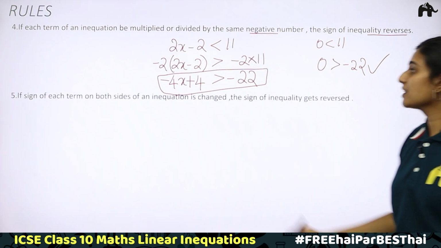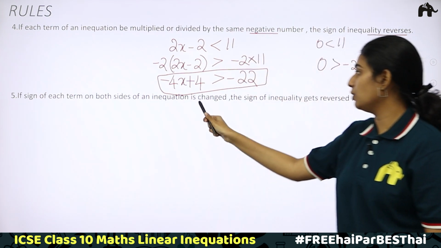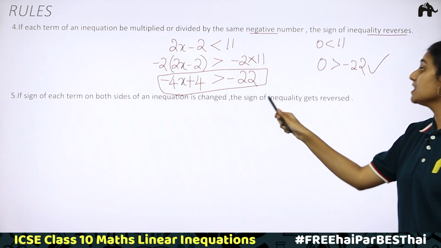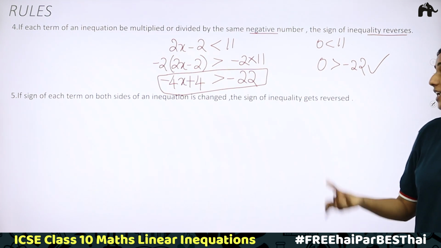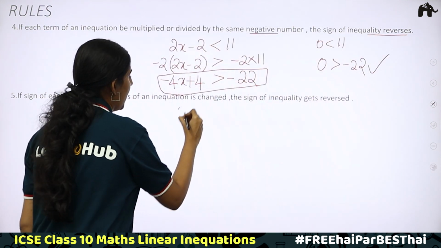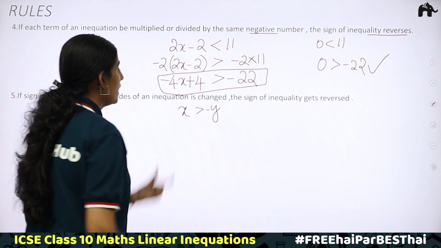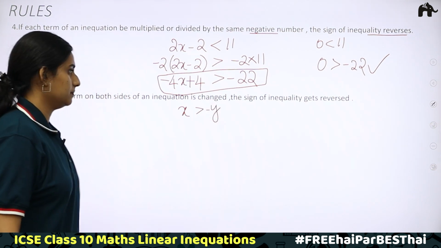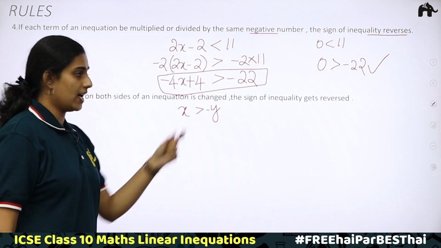Rule number 5. If the sign of each term on both sides of an inequation is changed, the sign of inequality gets reversed. Here again the sign of inequality gets reversed. Let's take another example. x greater than minus y.